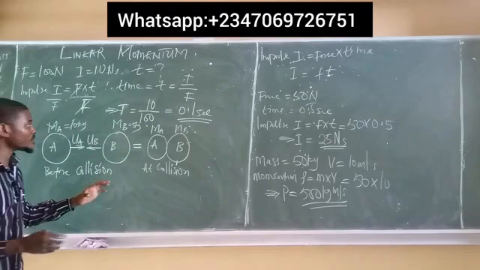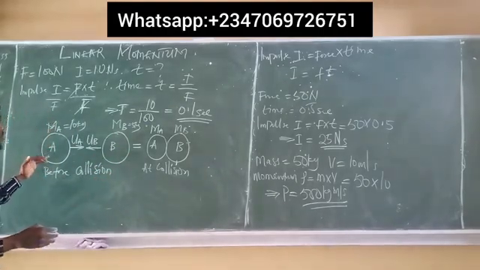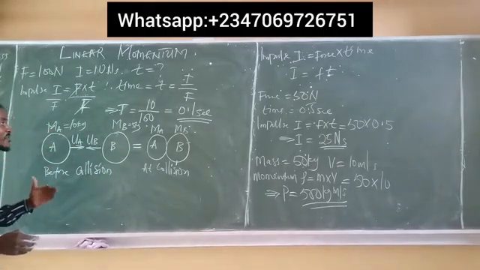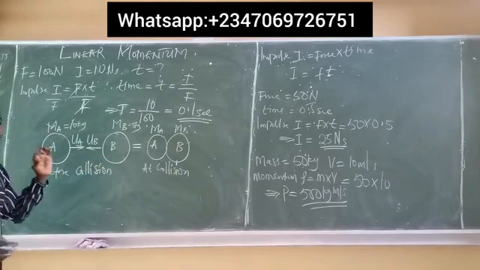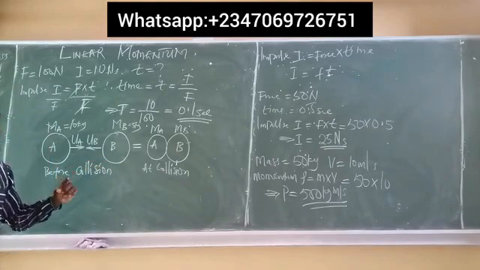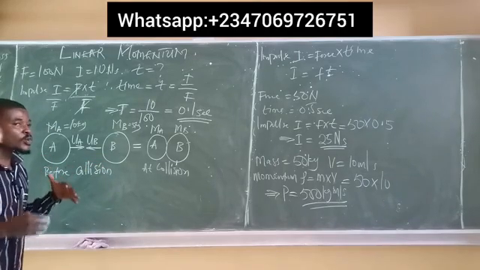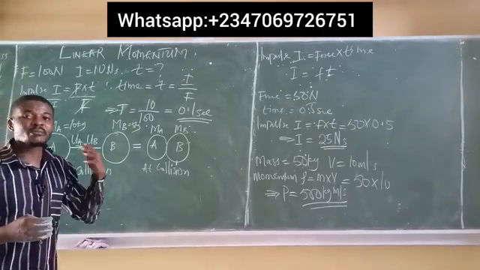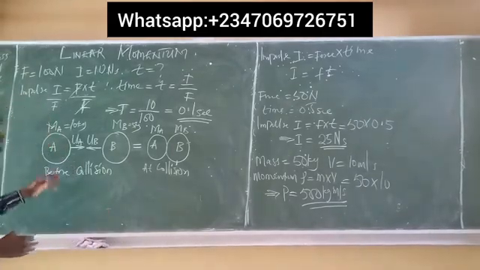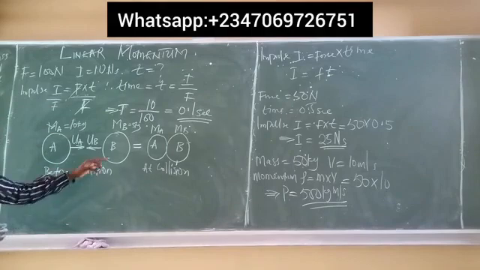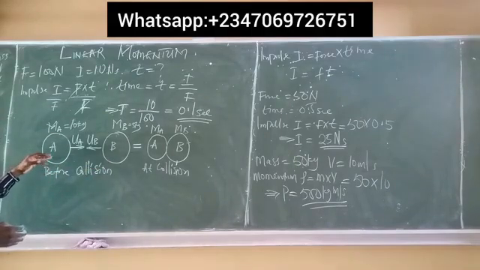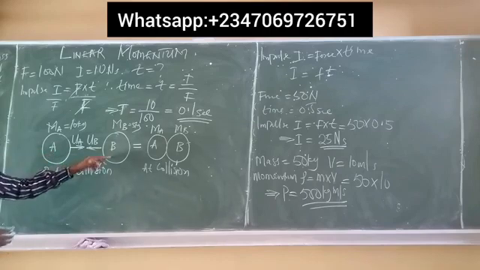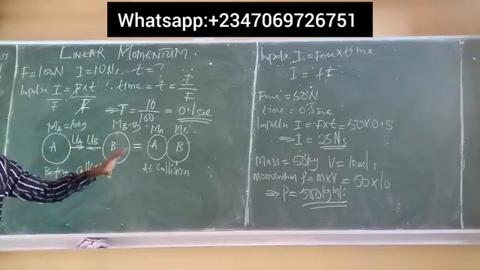After collision, since the mass of object A is bigger than the mass of object B, regardless of the speed, what matters is the quantity of matter, which is mass. Since the mass of object A is larger than the mass of object B, it means the weight of A will be larger than the weight of B. So object A will cause object B to move in its own direction.